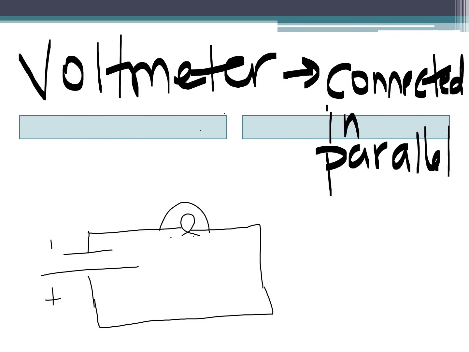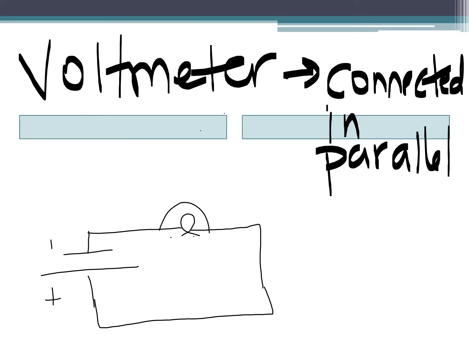Okay, so in the last slide, we talked about how voltmeters, which measure voltage in circuits, are actually connected in parallel to either the battery source or the loads or devices in your circuit. And I just want to show you what that looks like. If I were to ask you to draw a voltmeter on this light bulb in this series circuit, your voltmeter would have to be drawn, even though this is a series circuit. I can tell because there's only one pathway for electrons to flow.